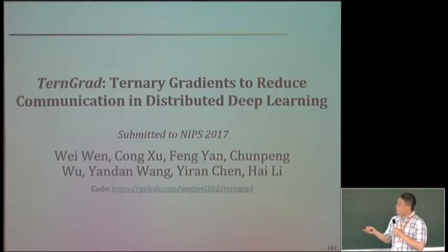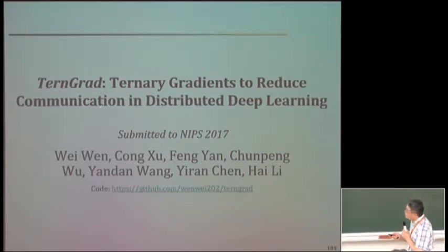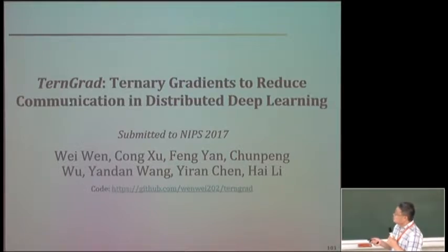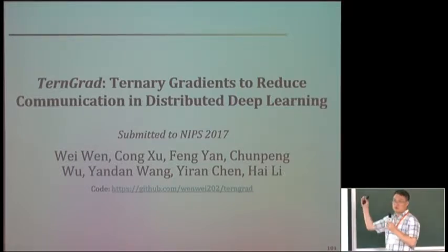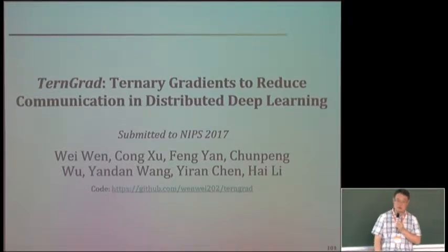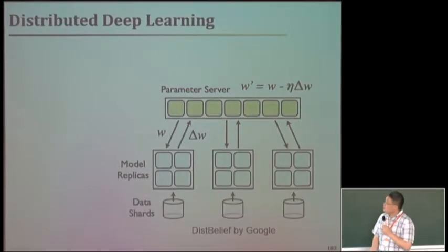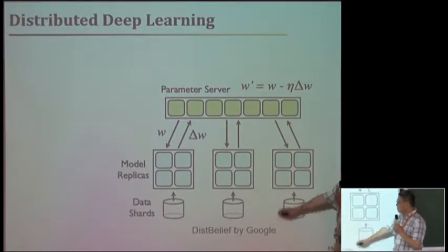This paper is called TernGrad, actually means the ternary gradient to reduce the communication in the distributed deep learning. This work is actually joint with HP Lab. They actually opened up their high performance cluster to us, so we're able to perform this research, which is a very large one.